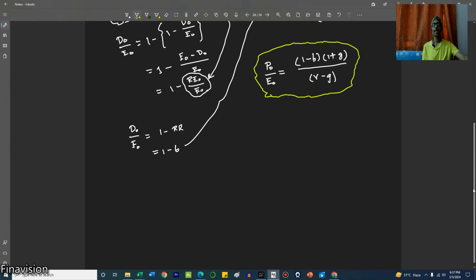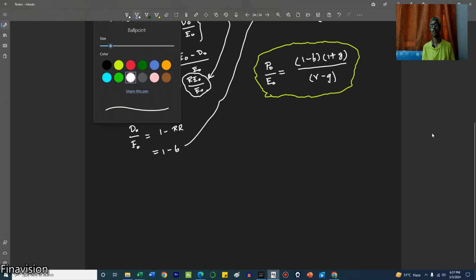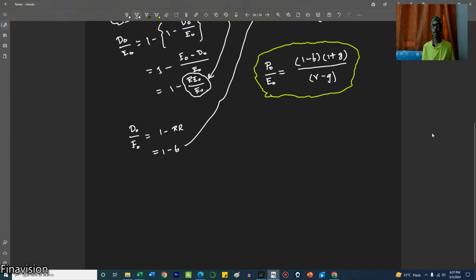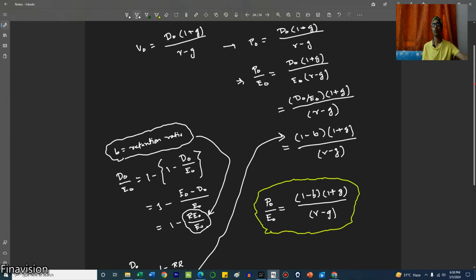Now let us say we try to derive another way of expressing the same thing, just a little change. Again we write P0. This is the second way of expression. Number 1 will be this, and number 2 will be this.